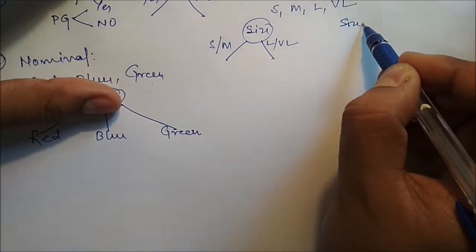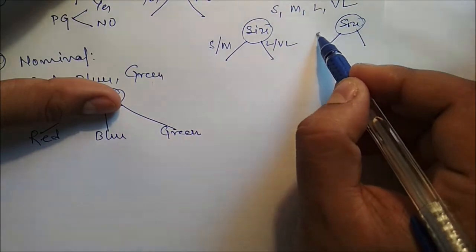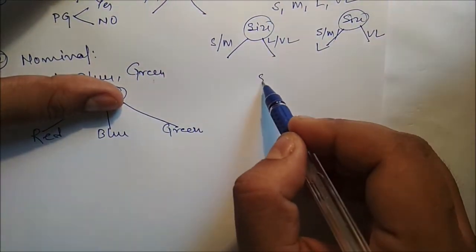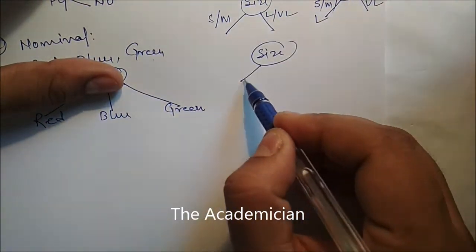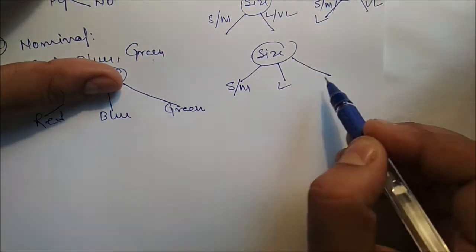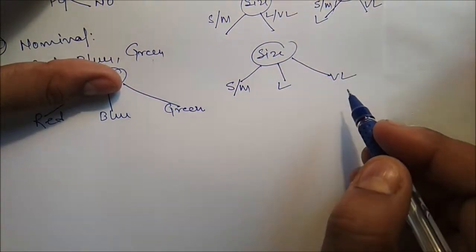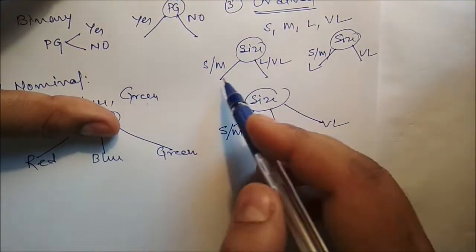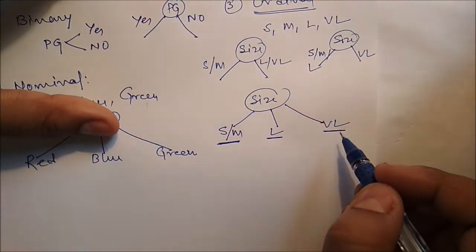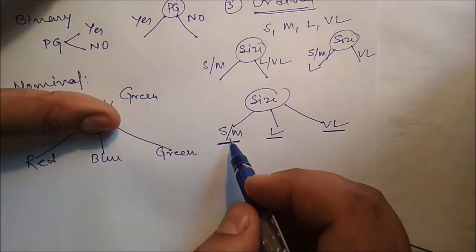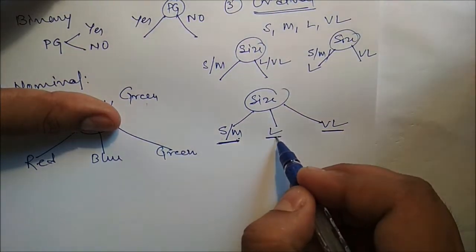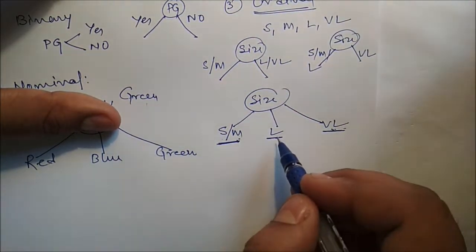Or we can break it this way: small, medium and large this side, very large this side. You just remember one thing: while splitting the attribute we should keep the attribute order in proper way. So small should always be less than medium, and less than large, and less than very large; very large should be greater than large and small.